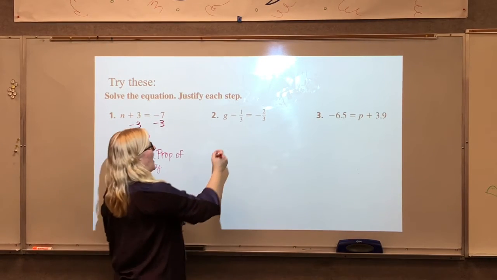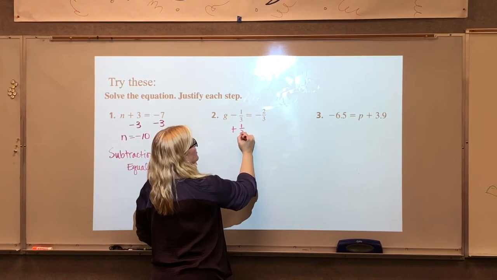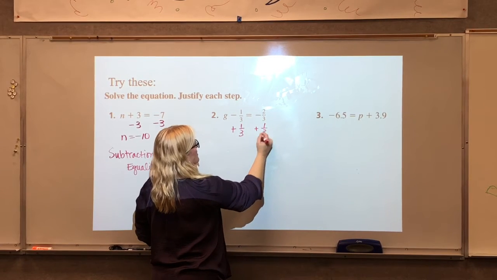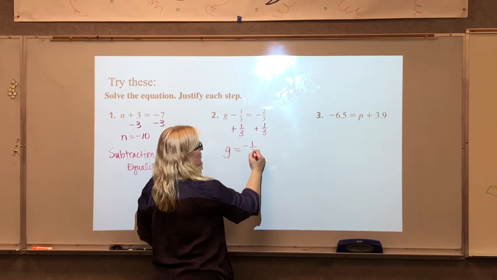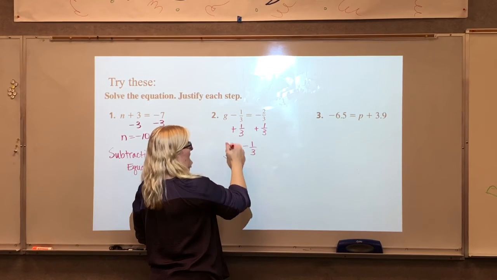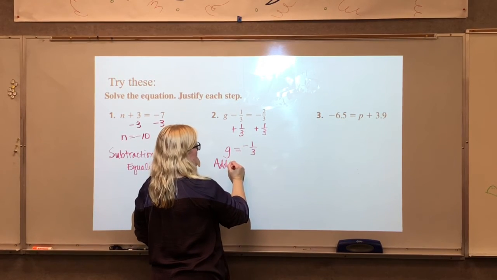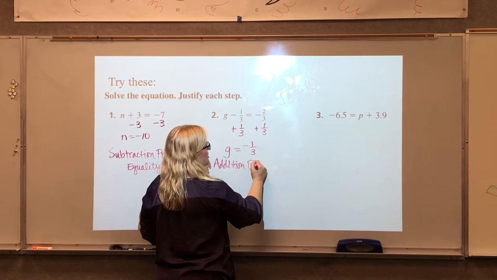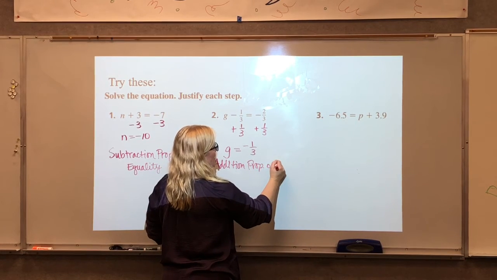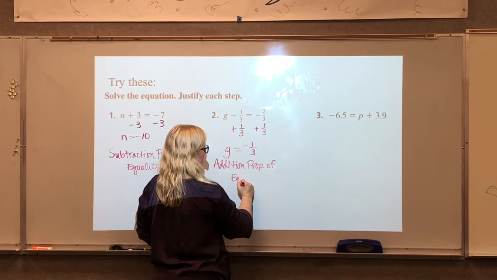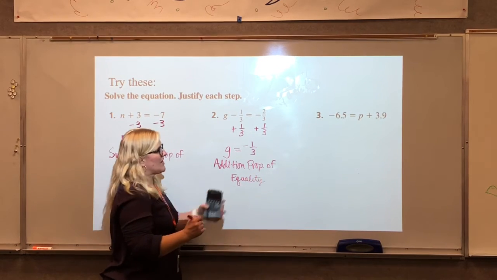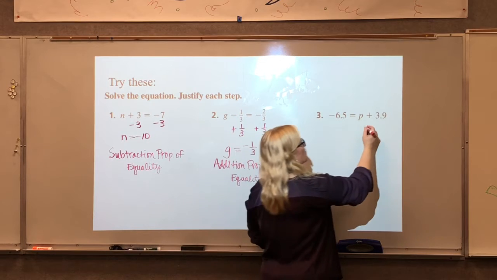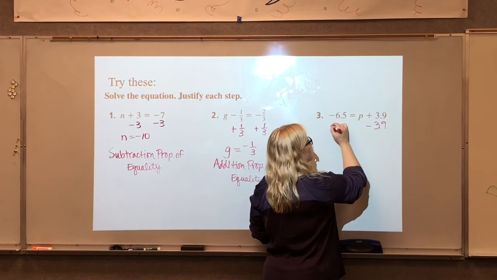Okay, this one I add 1/3 to both sides, and I get g equals negative 1/3. And this is because I added, this is the addition property of equality. And then finally, over here, I subtract 3.9 from both sides.